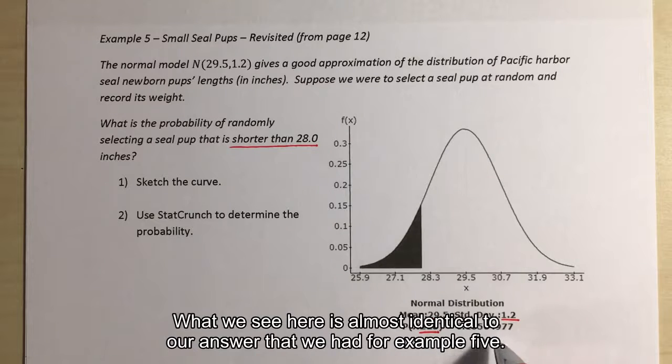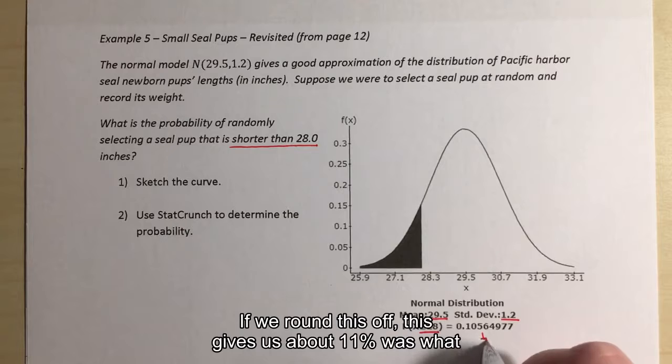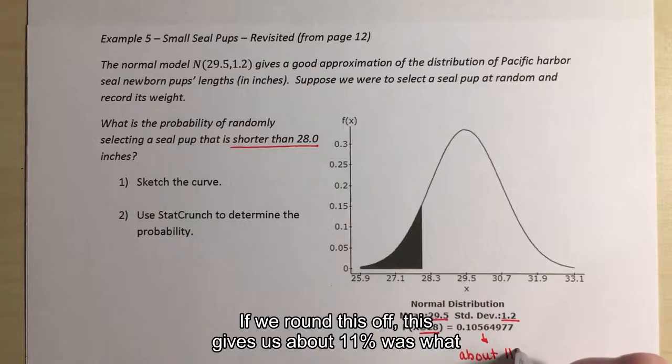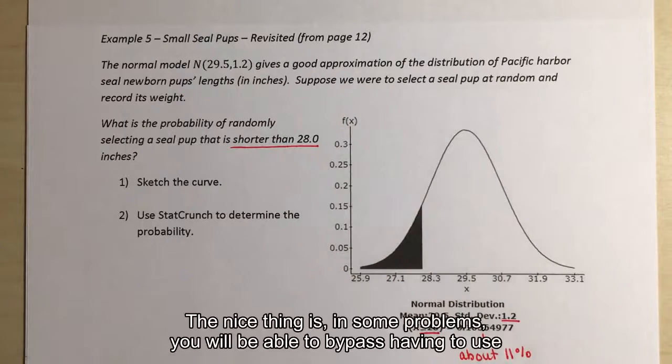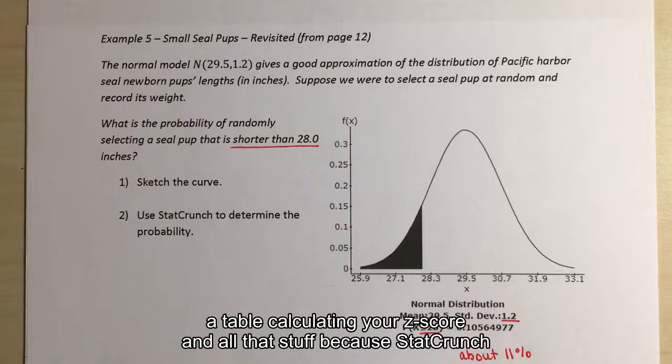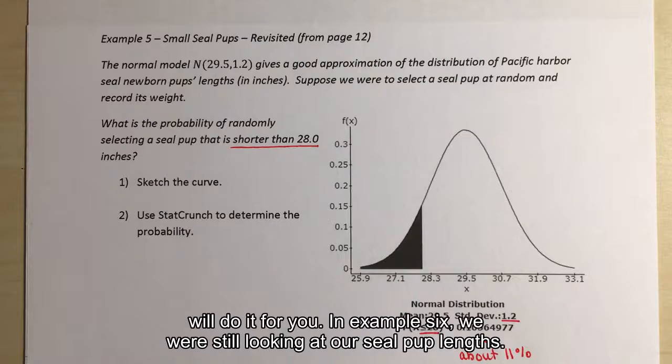And what we see here is almost identical to our answer for example 5. If we round this off, this gives us about 11%, which was our answer to example 5 that we did using the table. So the nice thing is, in some problems, you will be able to bypass having to use the table, calculating your z-score and all of that, because StatCrunch will do it for you.